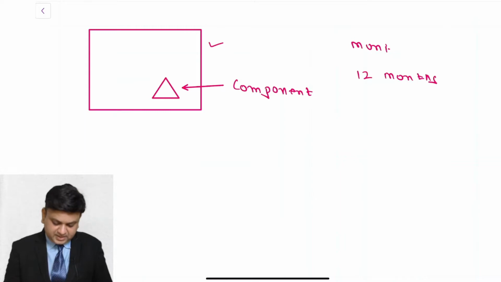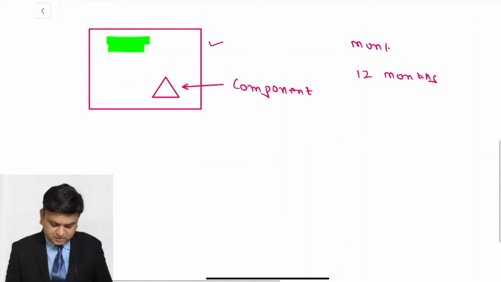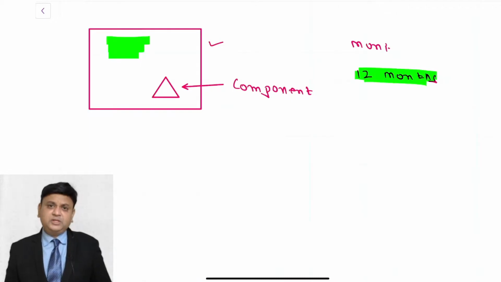Whenever I am supposed to give the quotation, I need to make sure that I keep the quotation in such a way that I am able to make a reasonable margin. At the same time, I should not quote a price which is going to be loss making for me, nor should I quote a price so high that I do not win the tender.